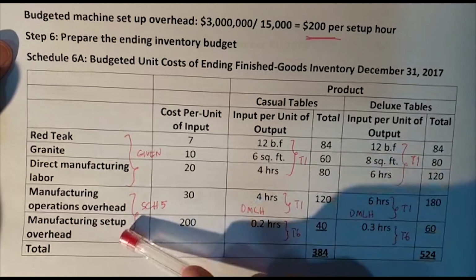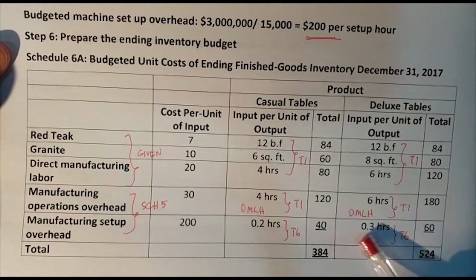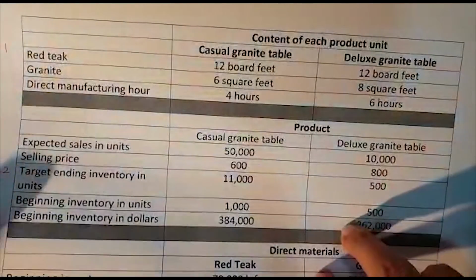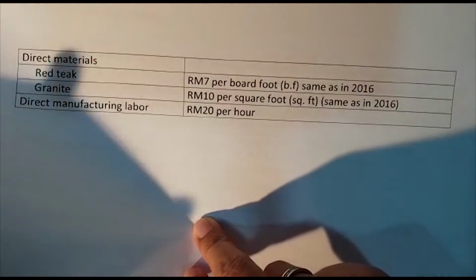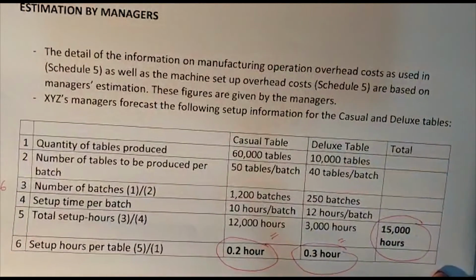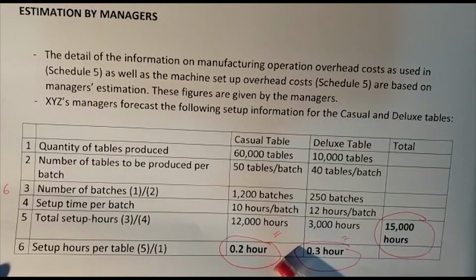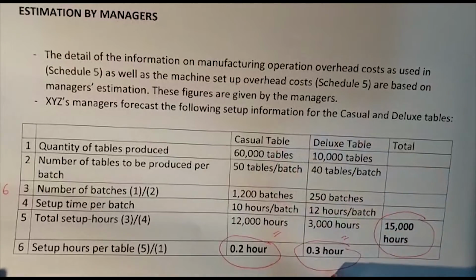Okay, as for manufacturing setup, 0.2 hours and 0.3 hours, this information is actually given to us based on the table. Okay, look back here, information given to us on, alright, here, estimation by managers. We already calculate that the setup hours per table is 0.2 hour for casual and 0.3 hour for deluxe.